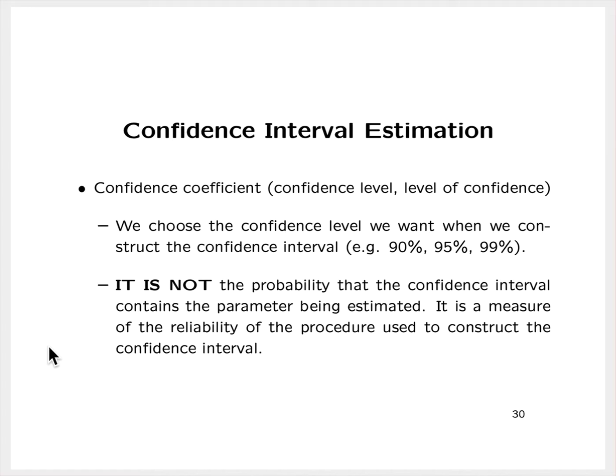So for now, we'll just say that it's a measure of the reliability of the procedure used to construct the confidence interval. The higher the confidence level, the more confidence we have that the interval that we've constructed from the data actually contains the parameter of interest.